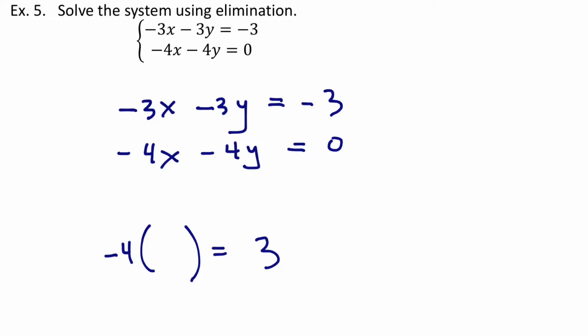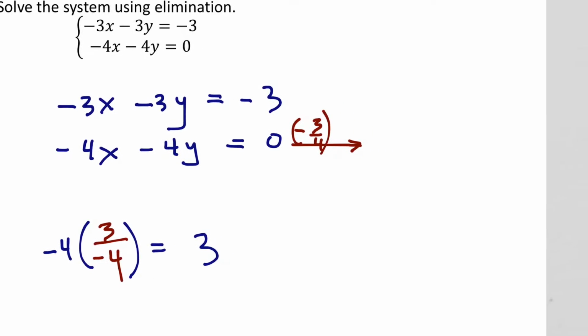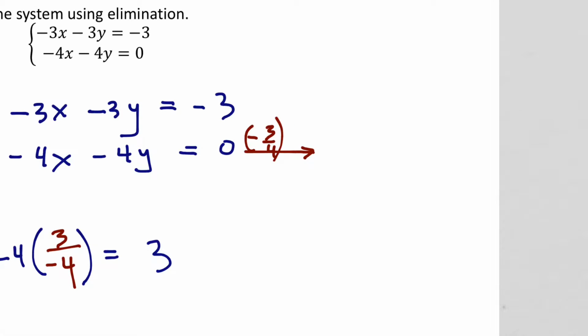So if I look down here, I want to end up with a 3, and I want the negative 4 to cancel. So I'm going to have to multiply this second equation by negative 3 over 4. And I'm going to get a new equation. Let me just move this over, and I'm going to write it down.